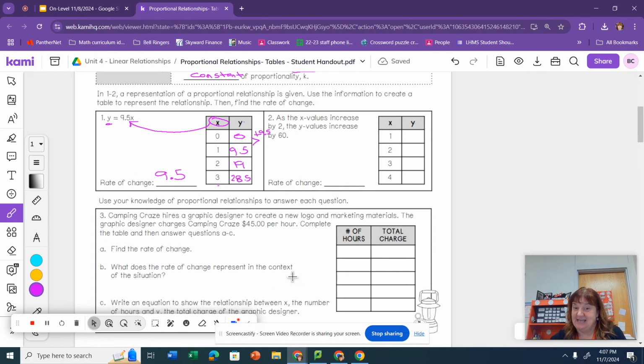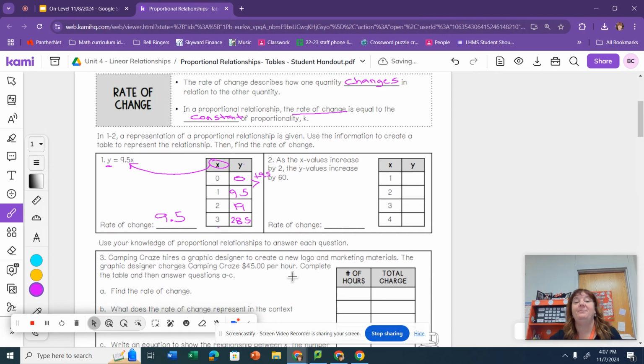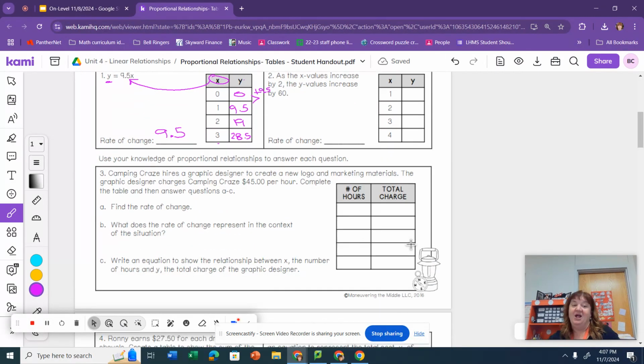Okay, did you get the table filled in properly? I hope so. If not, remember, I give you 2 chances on your Edpuzzle, so you can always do it again. Okay, here we go. Camping Craze hires a graphic designer to create a logo and marketing material. The graphic designer charges Camping Craze $45 per hour.